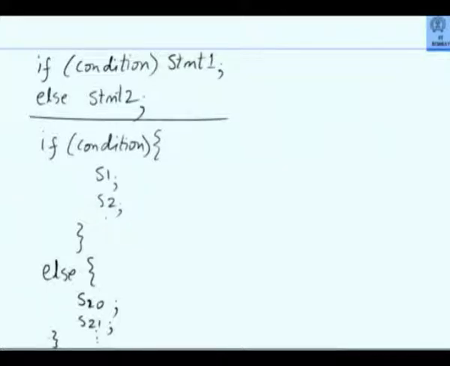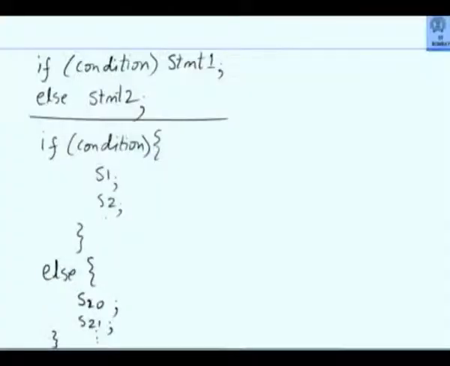Sometimes if you miss the curly bracket, there is a problem. Sometimes we deliberately don't write the curly bracket because we have only one statement to execute. So please remember, if only one statement is to be executed, then you can write it without curly bracket. But otherwise you must always write it. As a result, I have been suggesting that a good programming practice is always to put curly brackets, even if there is one statement.